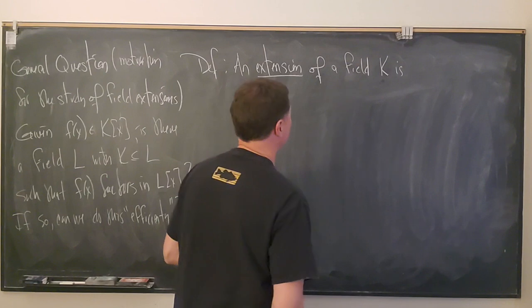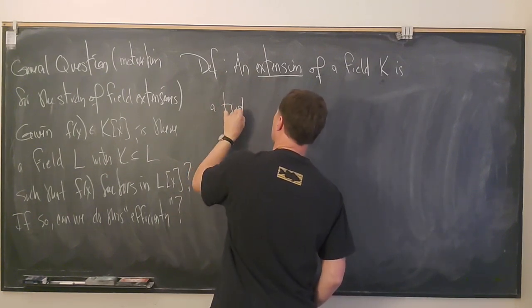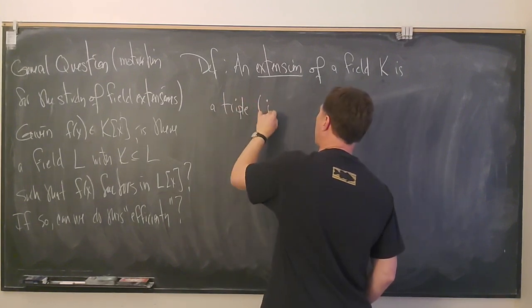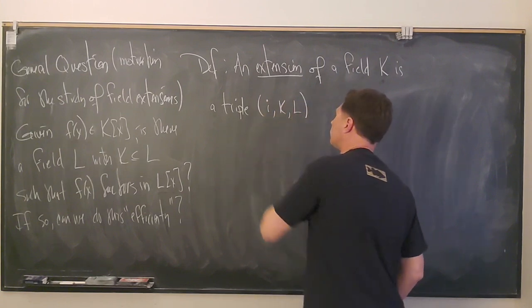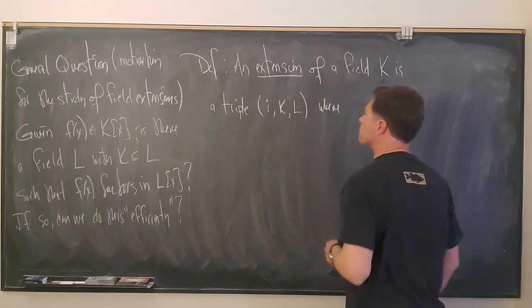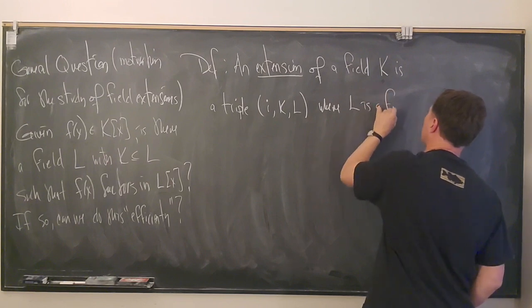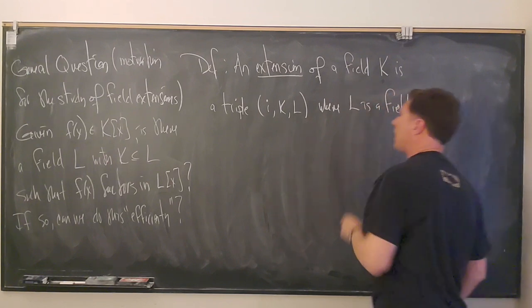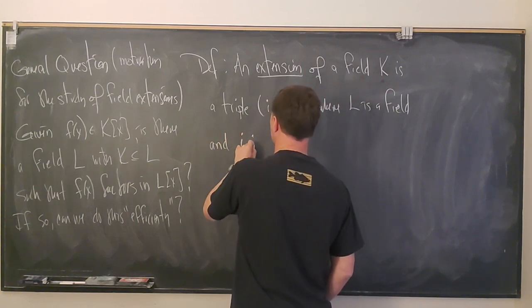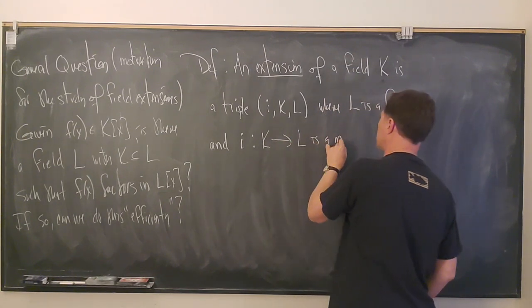So an extension of a field K is a triple which we'll write as I, comma K, comma L, where L is a field, and I from K to L is a monomorphism.